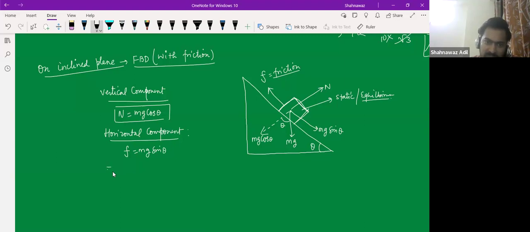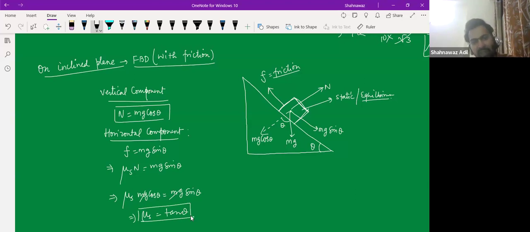And we know that f is mu N, and N is mg cos theta. So mg cancels, and mu s is simply tan theta.